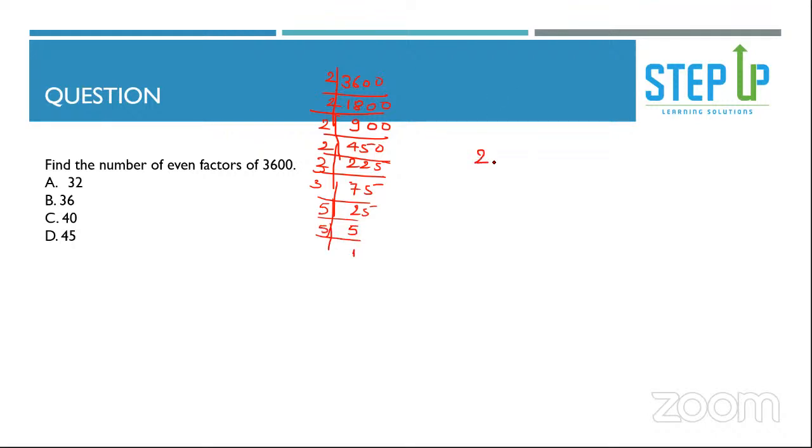How many twos did you get? 1, 2, 3, 4. 4 twos. How many threes did we get? 2 threes. How many fives did we get? 2 fives. So this time they are asking for even factors.